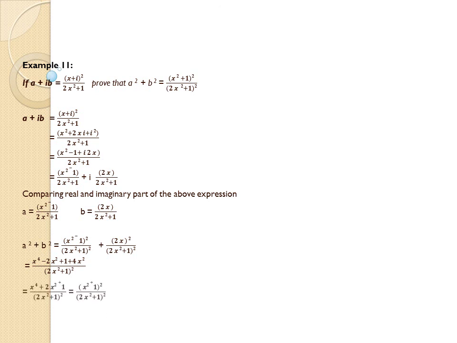So ultimately it becomes x to the power 4 plus 2x square plus 1 divided by 2x square plus 1 whole square. So it means x square plus 1 whole square divided by 2x square plus 1 whole square. So hence it is proved.